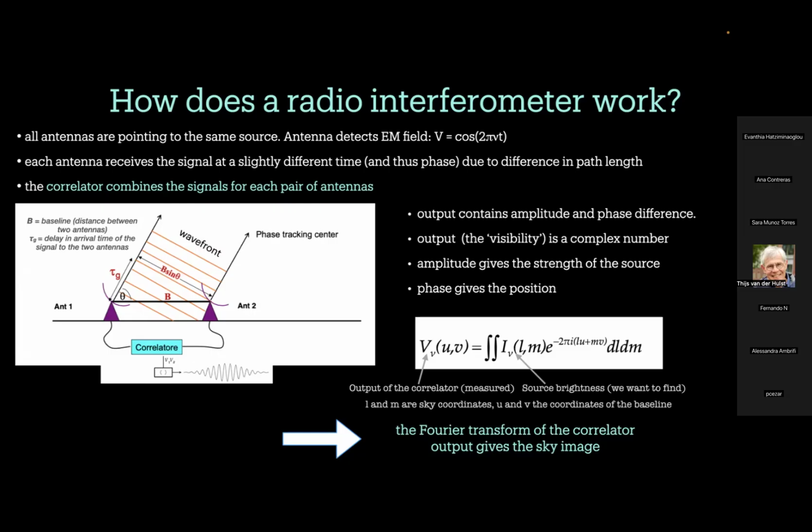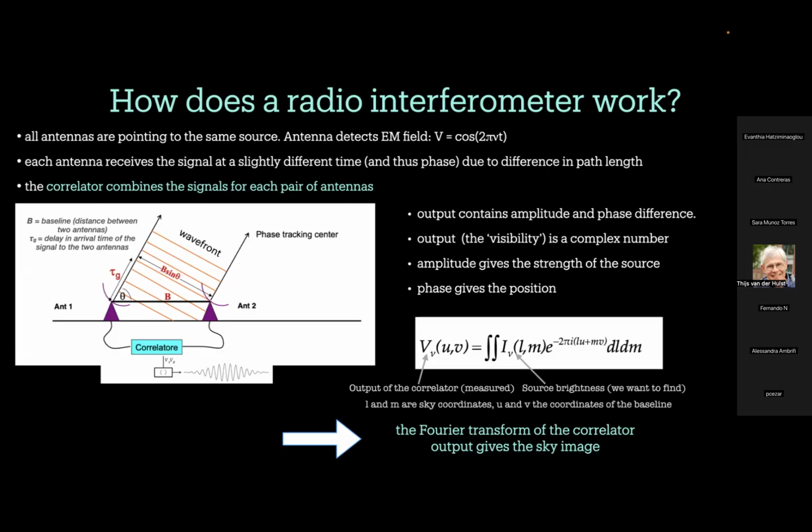And this visibility here, I've written here, depends on the coordinates U and V. U and V is the coordinate system in which the antennas live. So these represent the separation of the two antennas as seen from the source. So it's projected separation.